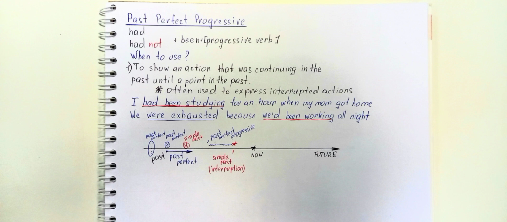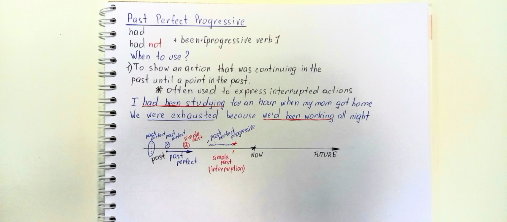We use simple past tense to describe the interrupting action, the thing that stopped or changed the continuing action. So I had been studying for an hour, past perfect progressive, when my mom got home, simple past tense. So we use this to talk about actions that were interrupted in the past.